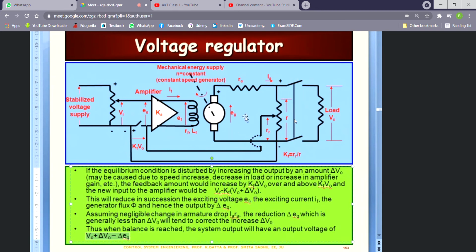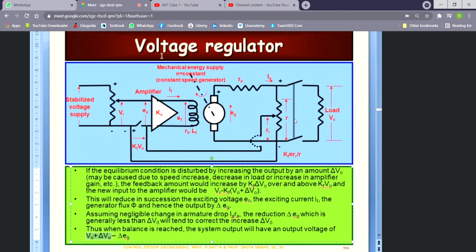Because over here Eg has decreased by an amount equal to delta Eg, right? So basically what has happened is that we started off with VO, and then we assume that it had somehow increased by an amount delta VO. So delta VO plus VO is what we had before the action of the voltage regulator was concerned.